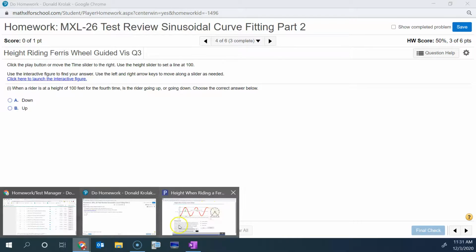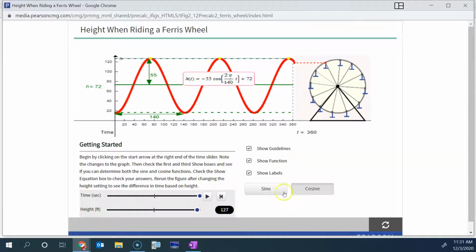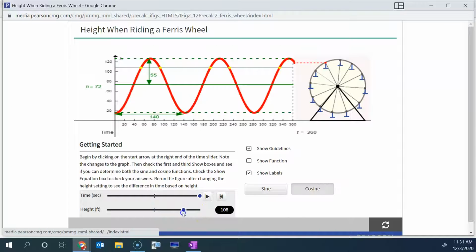All right, so if you look at this, get rid of that. I'm going to set the height at 100. So I'm going to move this bottom slider to 100. When I mouse over these points, this is the first time I reach 100, 46 seconds, then 93 seconds, then 186 seconds, and then the 4th time reaching 100 feet, I'm at 233.1 seconds, and I'm heading downward.